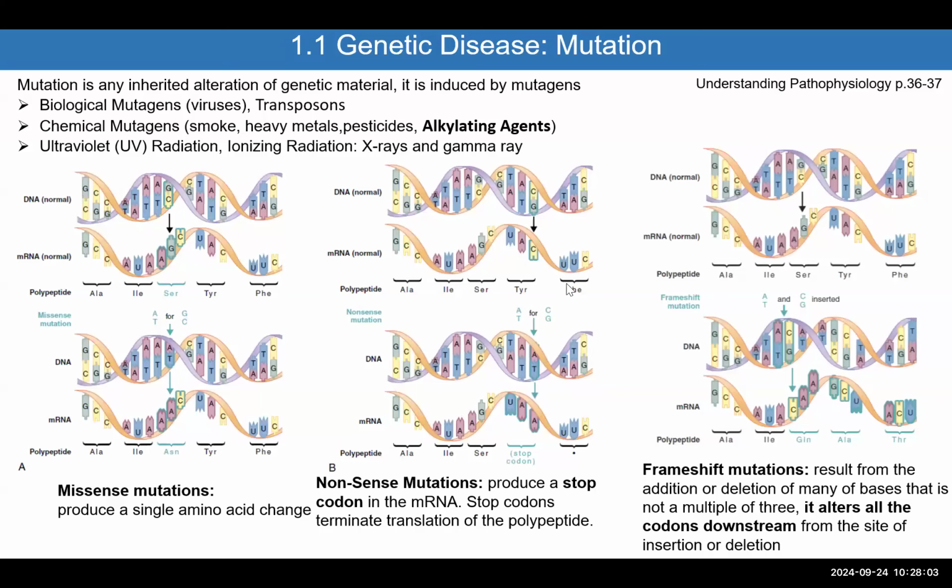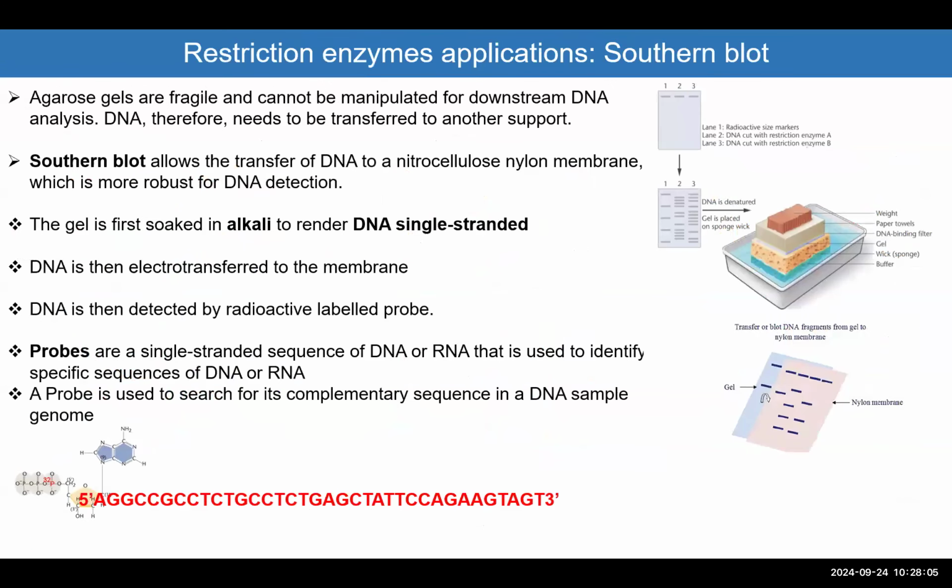Now, in the previous lecture, we discussed the Southern blotting, and we discussed that if we want to understand overall the whole genome in terms of the restriction digestion profiling, we have to first extract the DNA, and then we digest with a specific enzyme, and then we will run those fragments on a gel, and then we will transfer them from a gel into a membrane so that we can manipulate them better.